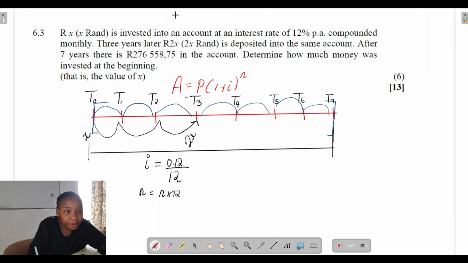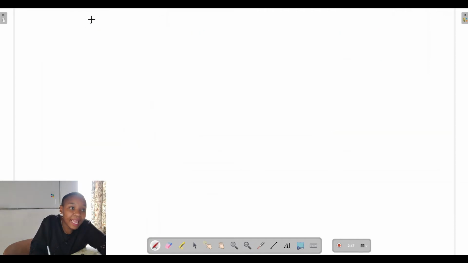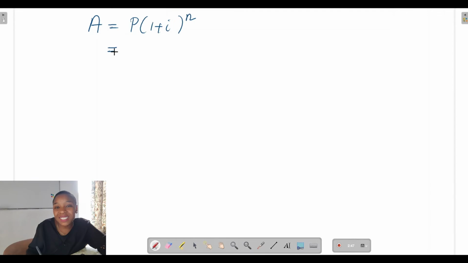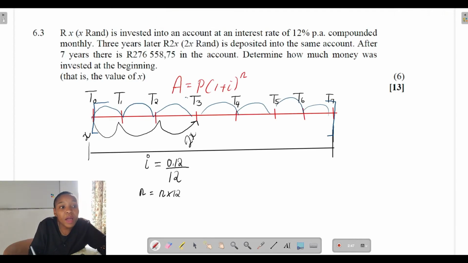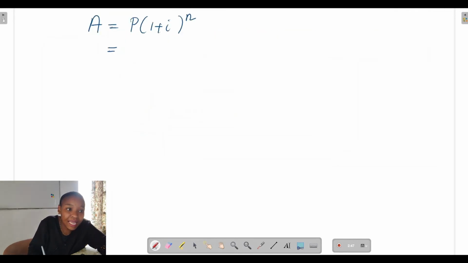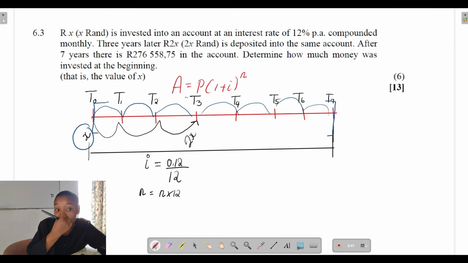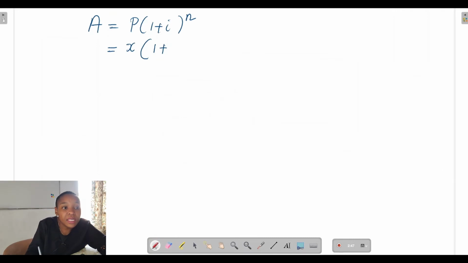So let's do that. We know that A is equal to P(1 + i)^n. Let's start off with the first principal value, the value that is initially deposited into our account. That amount is X rands. So that is X, times (1 + i). For this X rands, our i remains constant throughout the period, so it's 0.12 divided by 12.